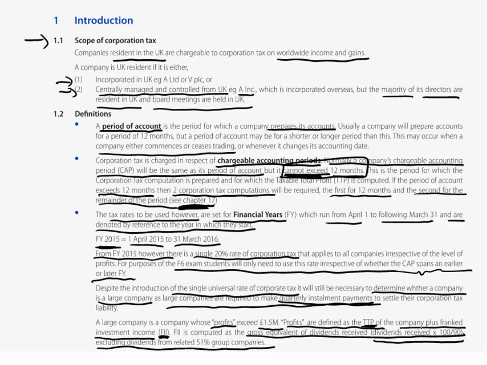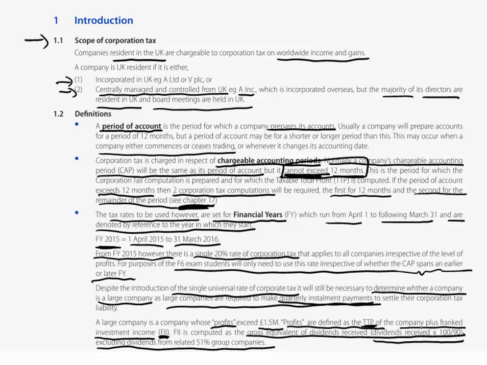And if the company has a profit measured as TTP, taxable total profit, plus franked investment income, FII, if those profits exceed the profit limit of 1.5 million, then quarterly instalment payments may be required to be made, the detail of which, as we've just said, we will see in chapter 23.